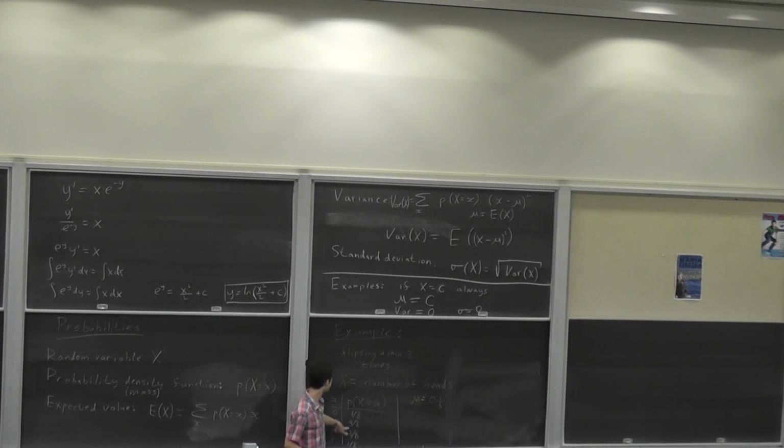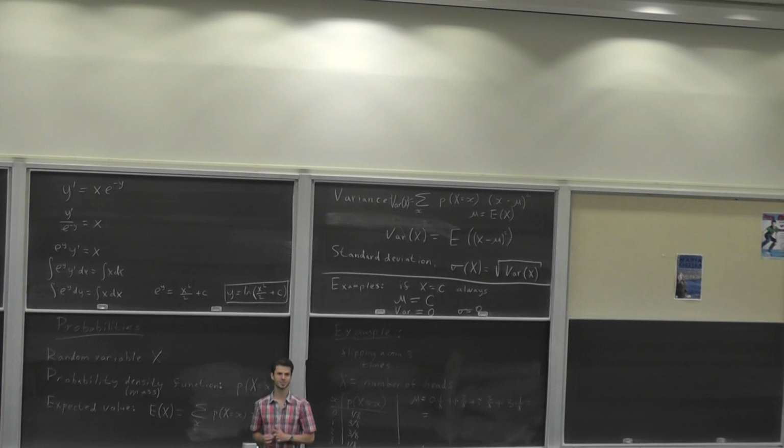You get 1 3/8 of the time, so it contributes 1 times 3 over 8 to the average outcome. You get 2 3/8 of the time, so you get 2 times 3 over 8 contribution, and finally you get 3 1/8 of the time.